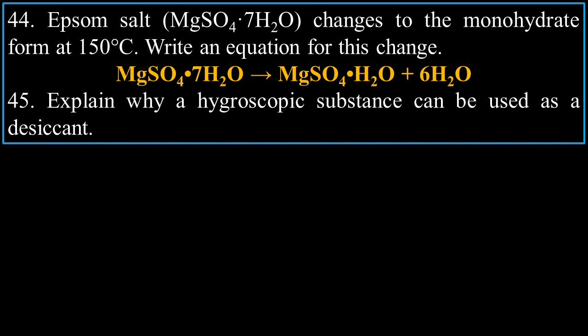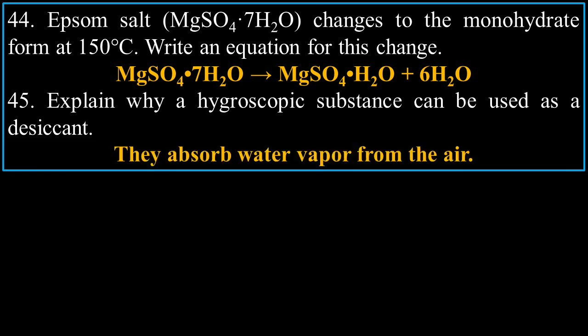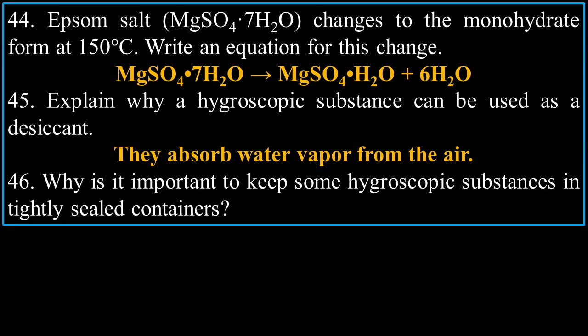Explain why a hygroscopic substance can be used as a desiccant. Well, you're using the anhydrous form, and it just absorbs water when you put it into the desiccator, and it just sucks the water out of air. 46. Why is it important to keep some hygroscopic substances in tight, sealed containers?